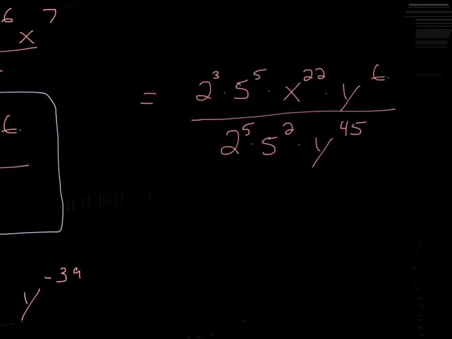Okay, so in this case I'm going to think about the common factors of 2. I'm going to cancel 3 2's in the numerator and in the denominator. I'm going to cancel 2 of these factors of 5 in the denominator and numerator. And then I'm going to cancel 6 of the y's in both of these.